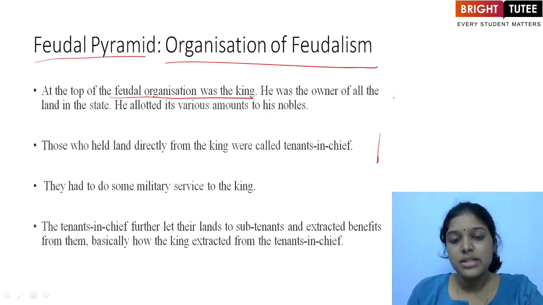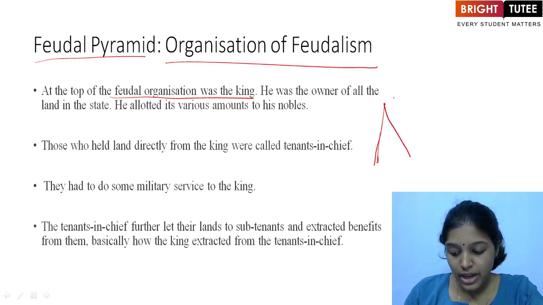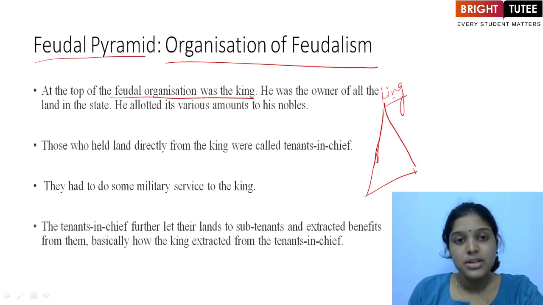The reason for it being called a feudal structure or a pyramidal structure is the particular kind of organization which the whole feudal structure has. We just saw that the king was at the top of this structure, and he was the owner of all the land in the state, and he allotted various amounts of land to the nobles or tenants in chief.